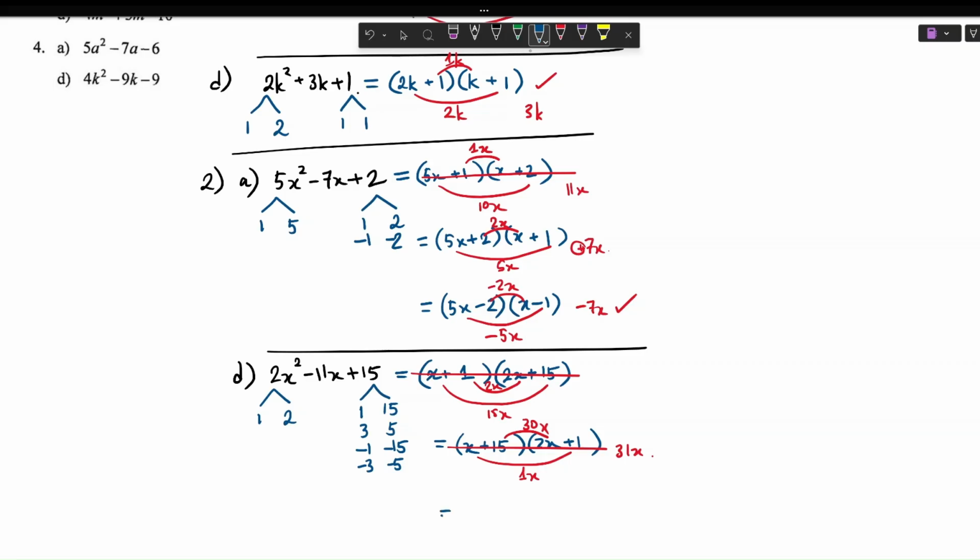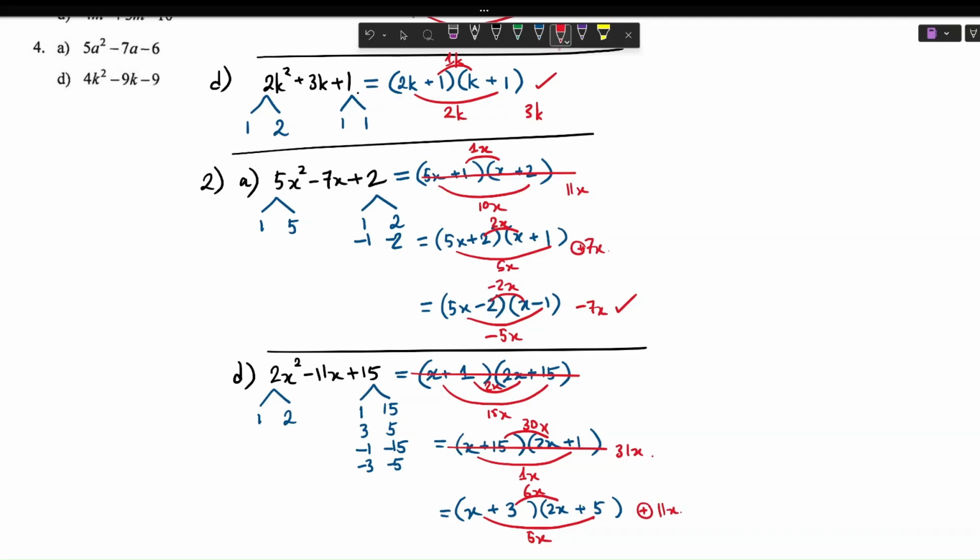What about 3 and 5? Okay, let's try. So we're going to keep the x and 2x for 2x squared. We're going to have 3 and 5, maybe like that. And we're going to see, okay, so this is 6x. This one is 5x. Together that's positive 11x.